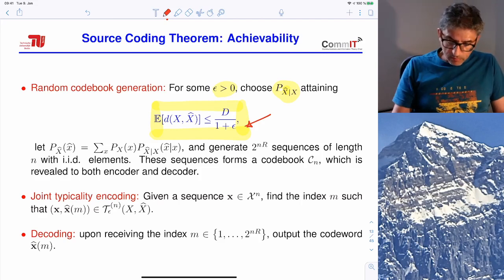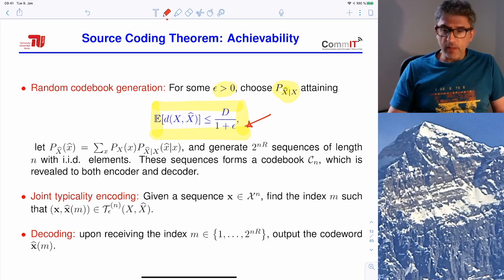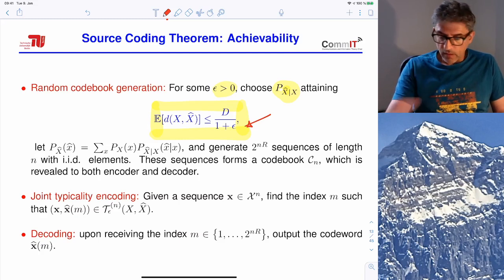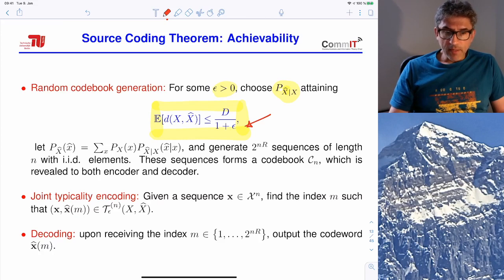Of course, there are distributions that satisfy this constraint. If there are not, it means that the set over which we are trying to optimize is empty, and therefore, this distortion is unachievable, and then we are done. So, of course, we assume that there are some distributions for which this is possible.